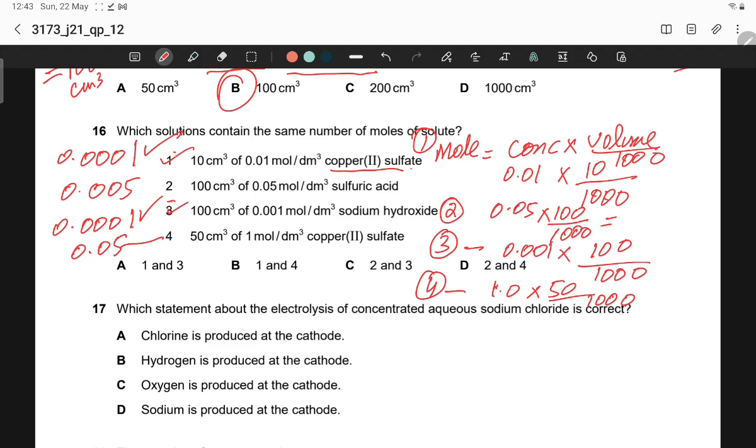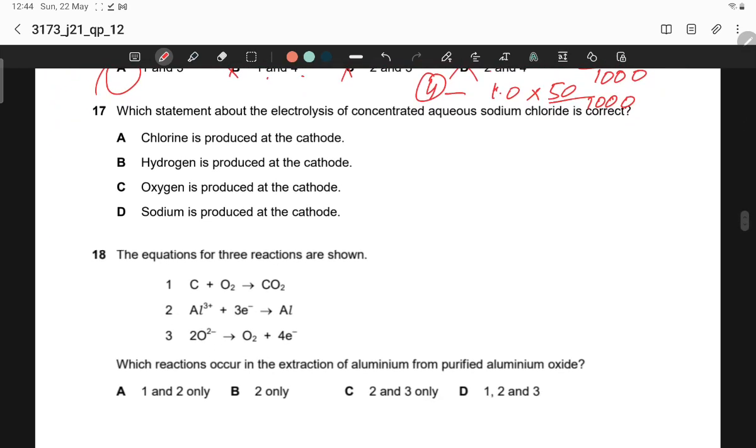So option A is 1 and 3, this is the correct option. 1 and 4 is incorrect because 0.05 and 0.0001 are different. 2 and 3 also incorrect. 2 and 4, 0.005 and 0.05, not the same, so A option is correct.